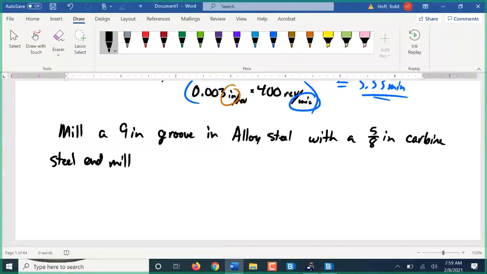So let's say we look this up, alloy steel, carbide.